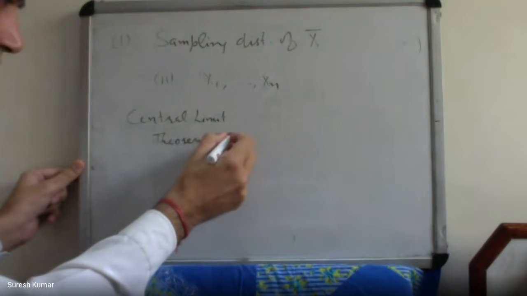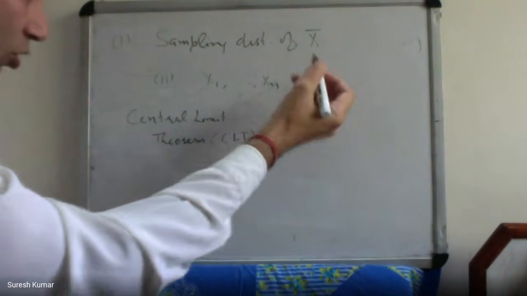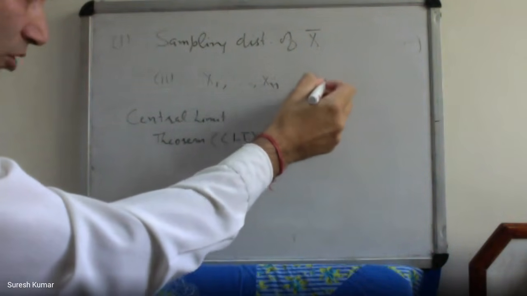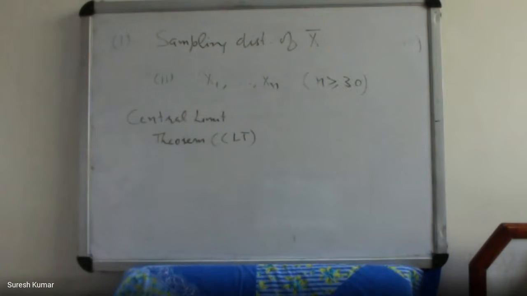In shortcut, CLT. What it says: if a random sample x1 to xn is taken from a non-normal population, maybe normal also, with sample size greater than or equal to 30, we call it a large sample.